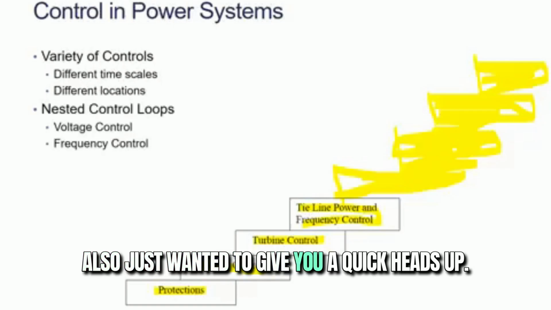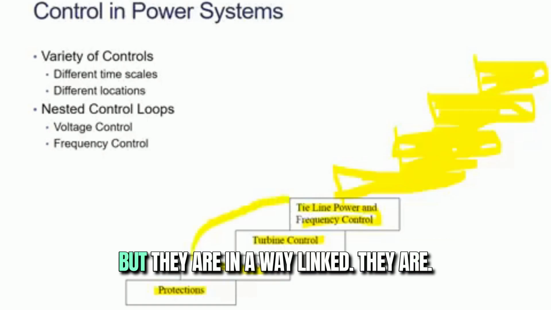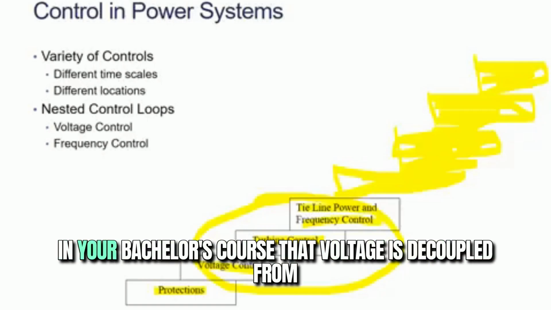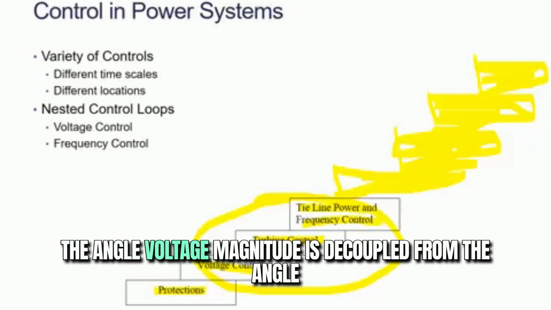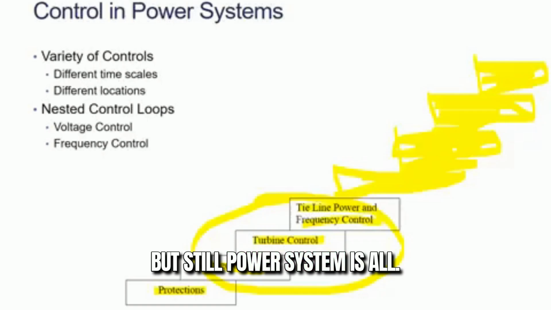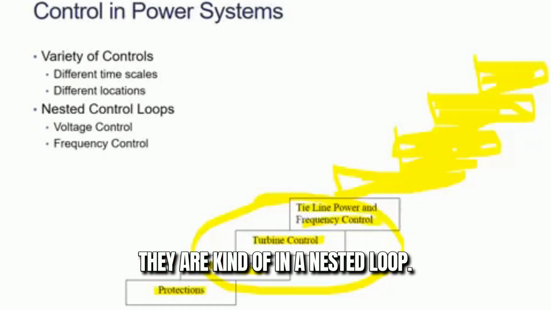Also just a quick heads up: although I mentioned voltage and frequency controllers here, they are in a way linked, they are cross coupled. You must have observed in fast decoupled load flow, which you must have studied in your bachelor's course, that voltage magnitude is decoupled from the angle based on P and Q. But still in a power system everything is coupled and connected, so they are kind of in a nested loop.